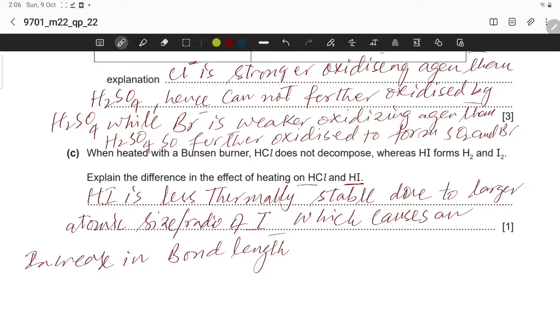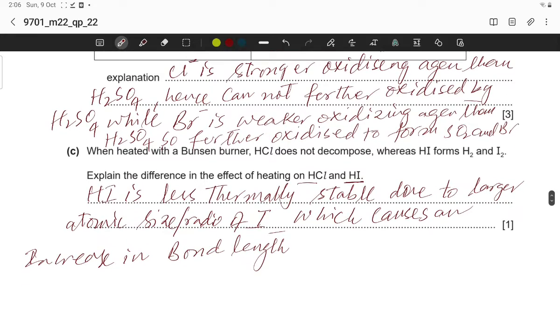We know that the longer the bond length, the less energy is required to break the bond. So with increased bond length, less energy is required. That's why hydrogen iodide is less thermally stable, due to larger atomic radius and lower bond energy.